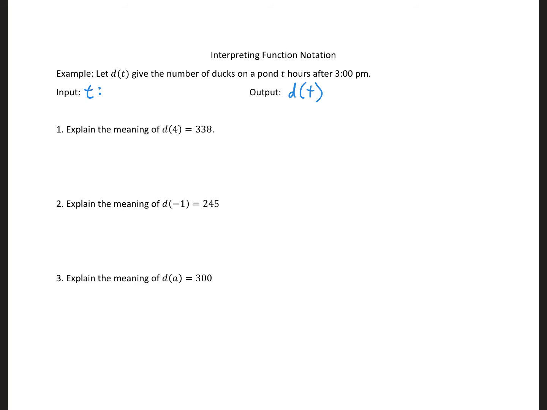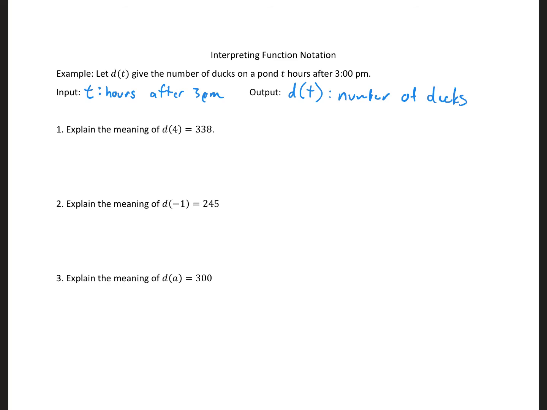It tells us t is hours after 3 p.m. So when we see something in place of t, this is hours after 3 p.m. d of t is the number of ducks. So our units of t is specifically hours after 3 p.m., and in our output, d of t is number of ducks.